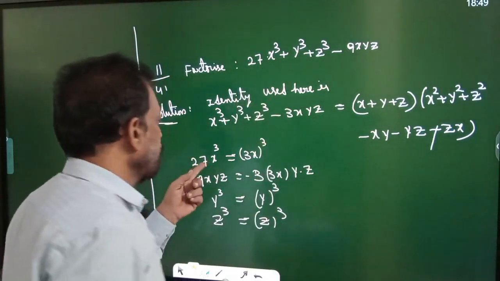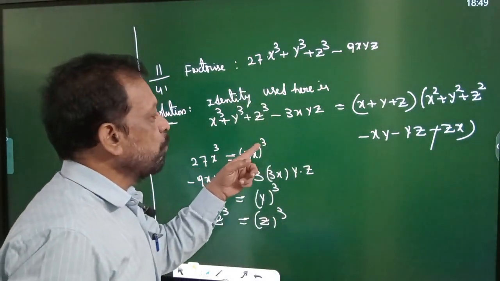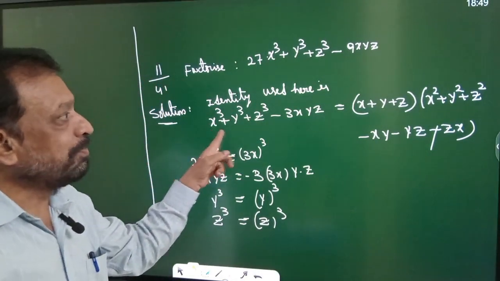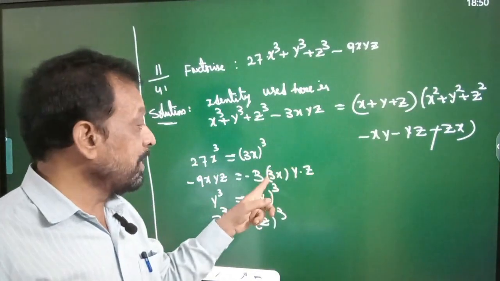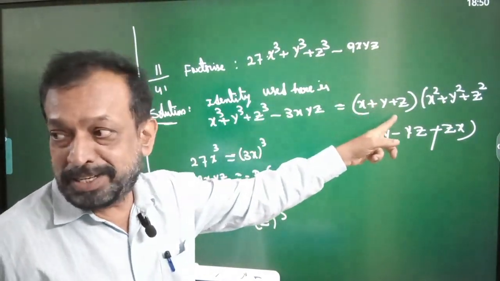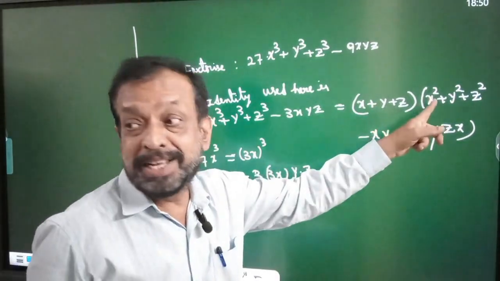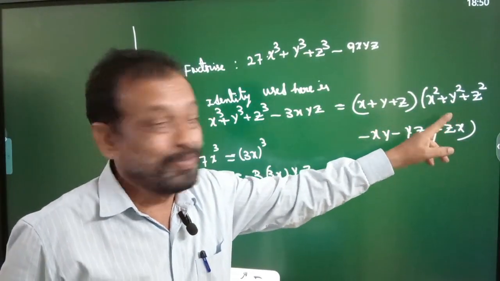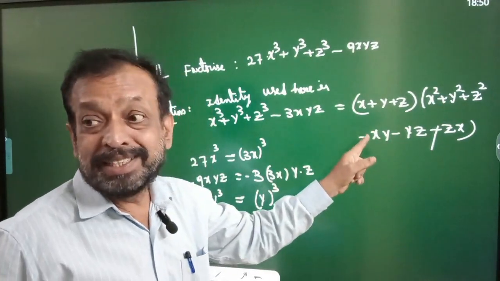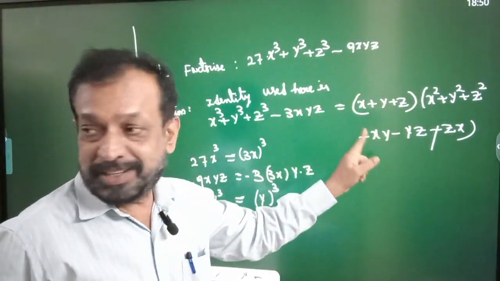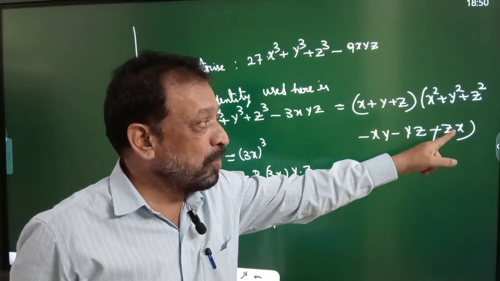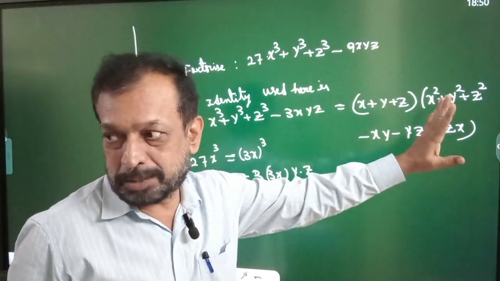How to write? 27x cube can be written as 3x whole cube. In place of x, what do I have to write? 3x. y means y only, z means z only. Here x square means 3x whole square, y square, z square. Here x into y becomes 3x into y, y into z, and minus z into 3x. Then expand it. That is the factors.